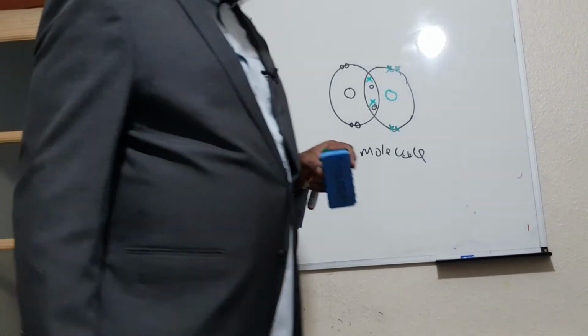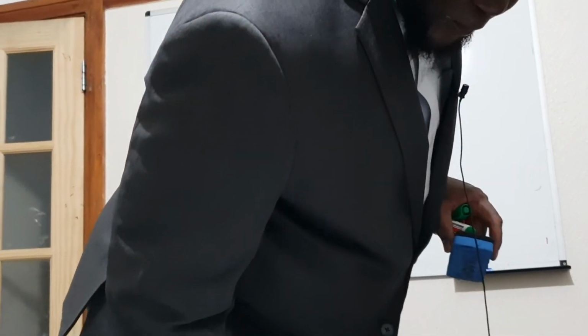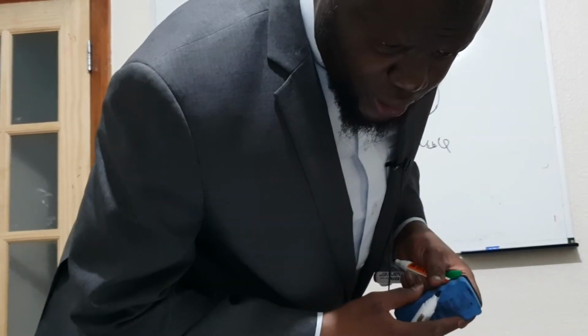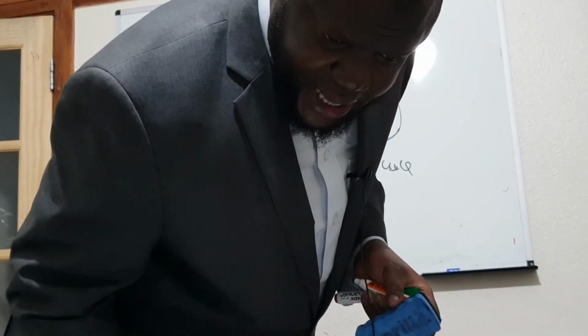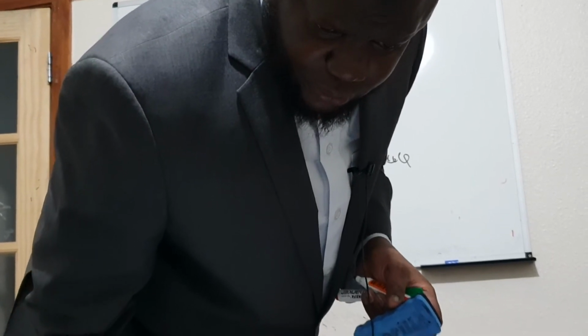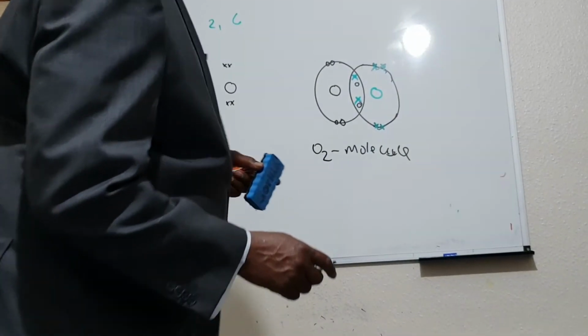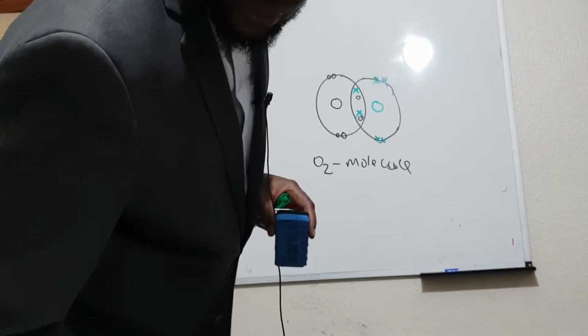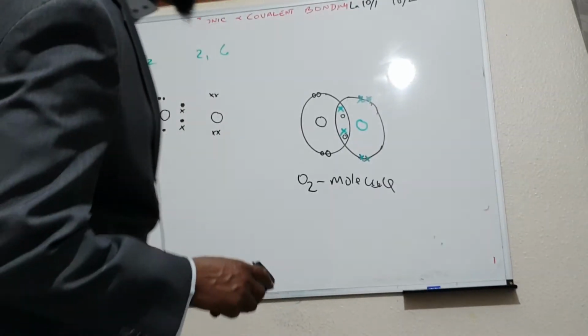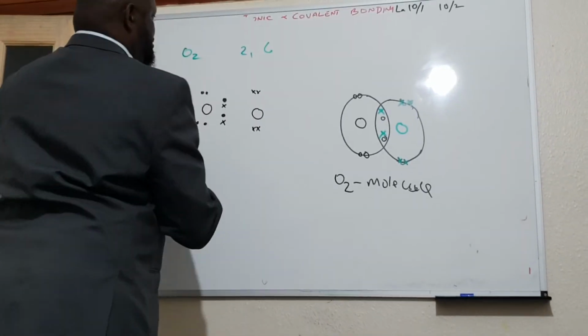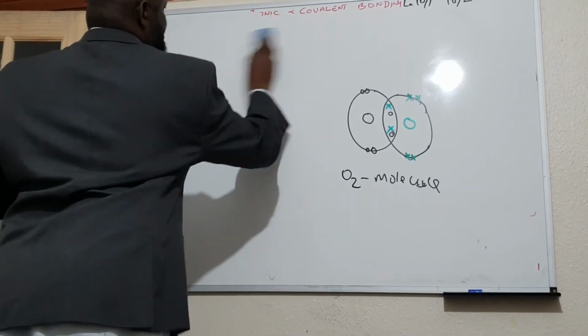Now let's look at one critical one. We want to show ammonia.